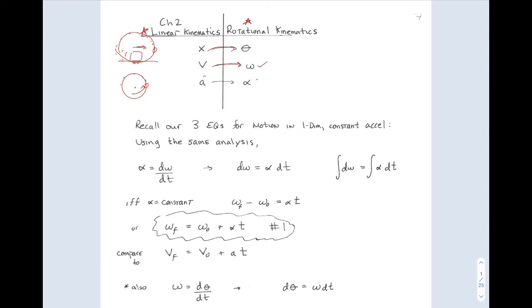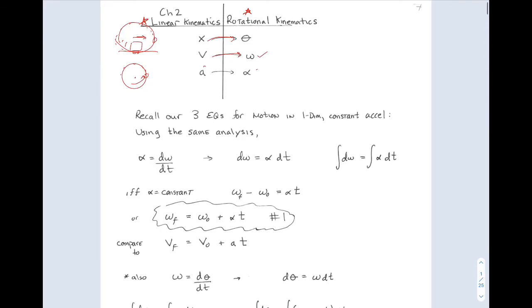got mapped to its rotational counterpart, angular acceleration. So remember our three equations of motion for a car going down a road. We had equation 1, which said that if I knew the initial velocity, and when we did the car back in chapter 2, initial velocity was 0 at the light, this allows me to find how fast it's going at any time.